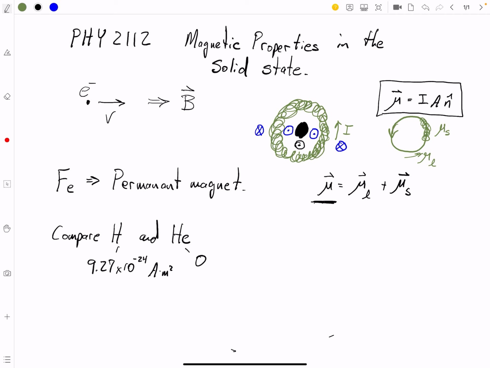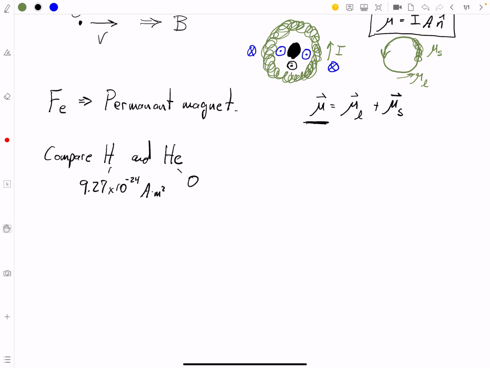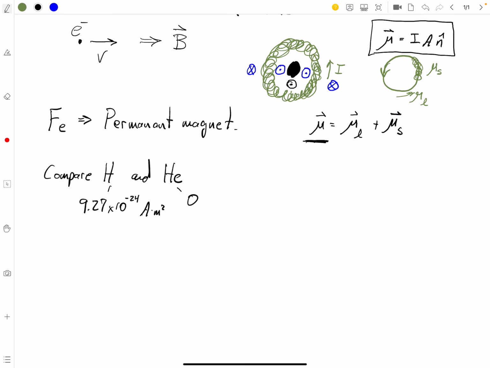We'll get back to helium in a second, but let's look at a box of hydrogen. So here's our box of hydrogen, and it's a gas, so we're not in the solid state as of yet. We've got all these atoms bouncing around, and each of the atoms has a dipole magnetic moment going in whatever random direction.